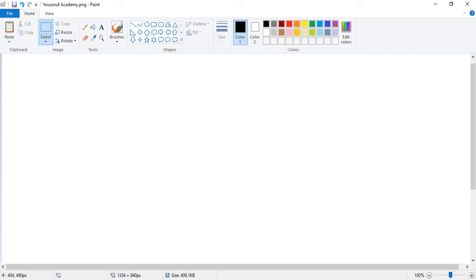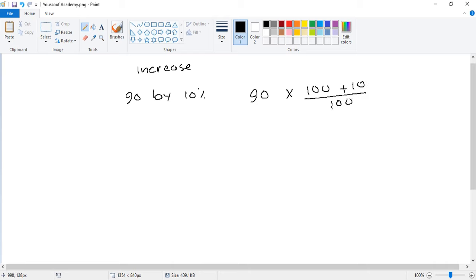Percentage decrease and increase. Let us start with increase. If it says increase 90 by 10%, what we're going to do is 90 times 100% plus 10 over 100.